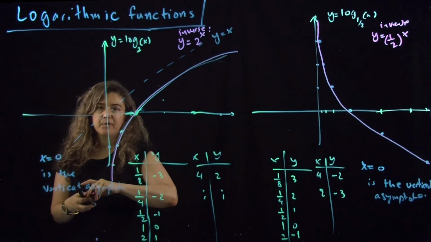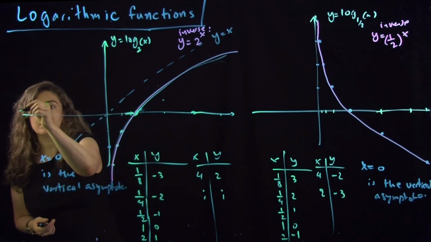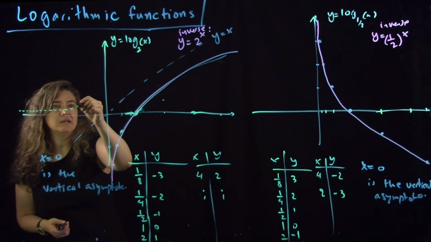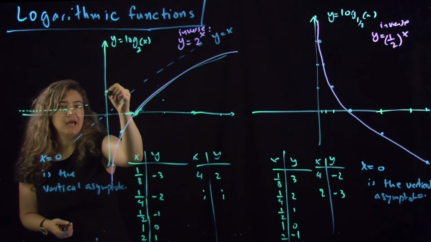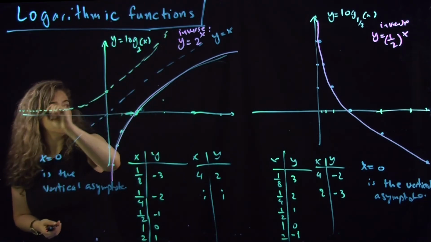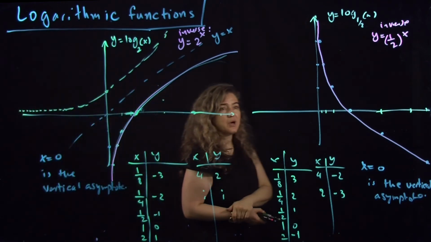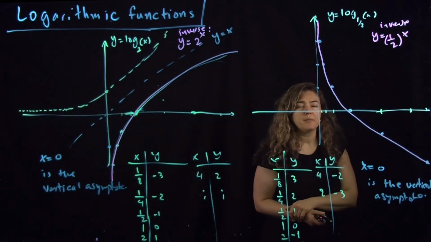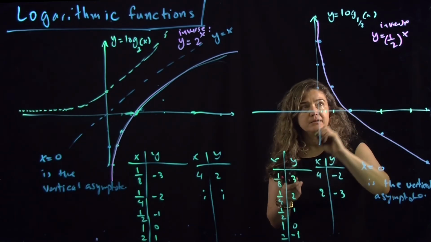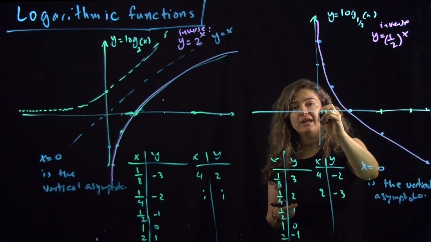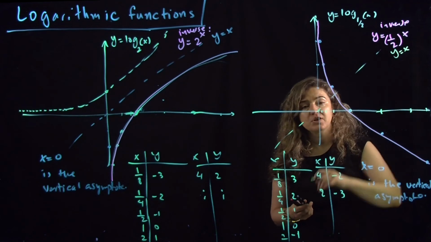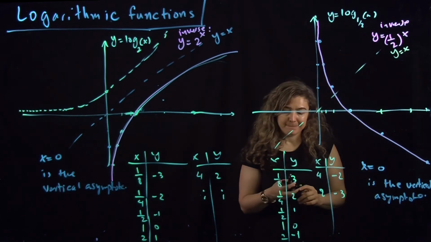If you remember from the past, we had a horizontal asymptote with 2 to power x, and then we would meet at 0 and 1, and then a quick increase will happen there. With y equal to 1/2 to power x, again, it would be a mirror image of each other over y equal to x.